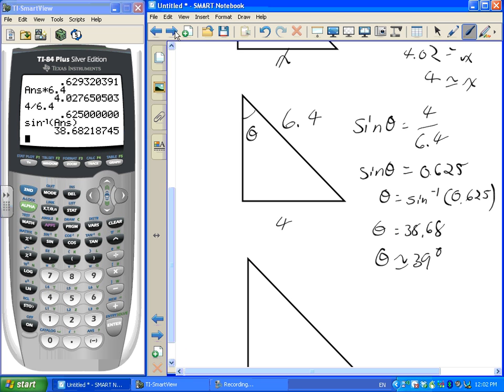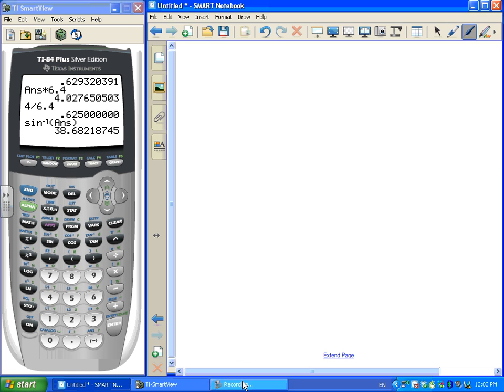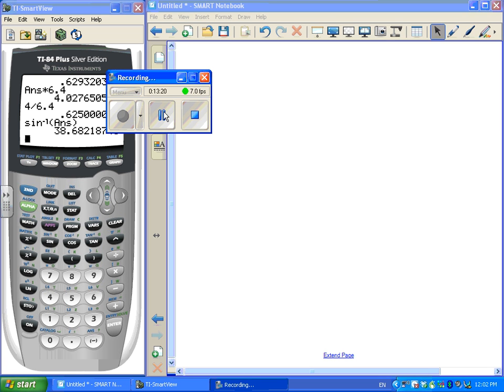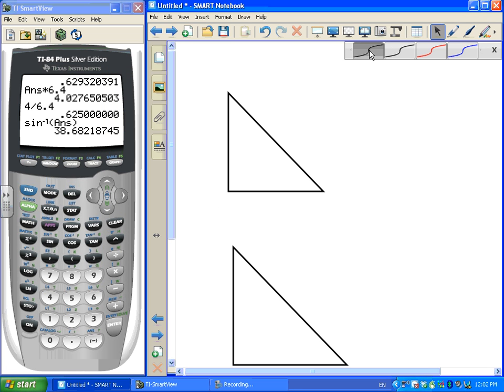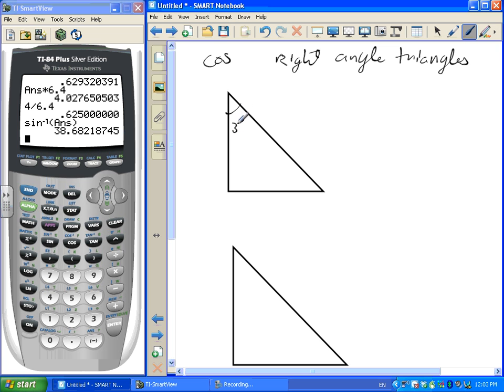And we'll do cosine ratio. Okay, cosine ratio. Make sure you're dealing with right angle triangles. Okay, we have 39 degrees. We have the adjacent side. We're looking for a hypotenuse.